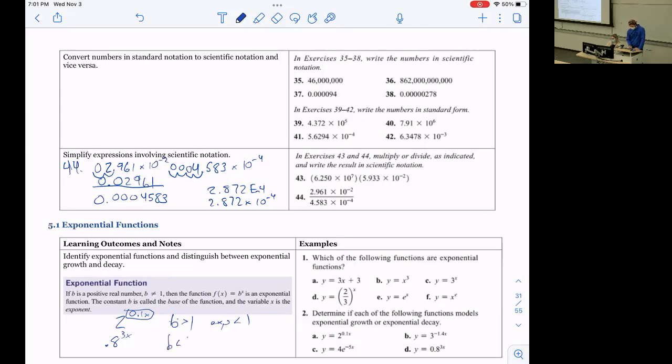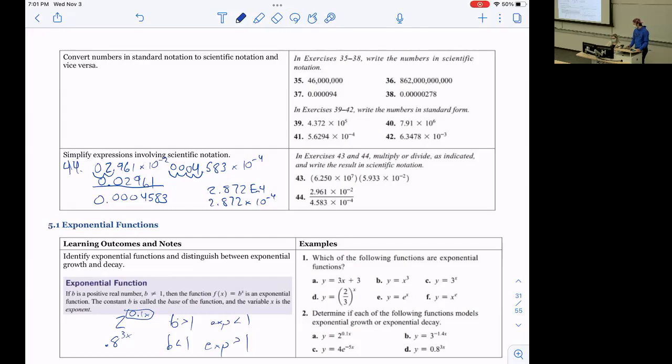If our base is less than 1 or exponent is greater than 1, it'll also be a decay. Anytime we have a negative in our exponent and our base is greater than 1, it's still going to be the same thing, right? Because that exponent is still less than 1. We will have growth when our base is greater than 1 and our exponent is also greater than 1. Otherwise, it will be decay.